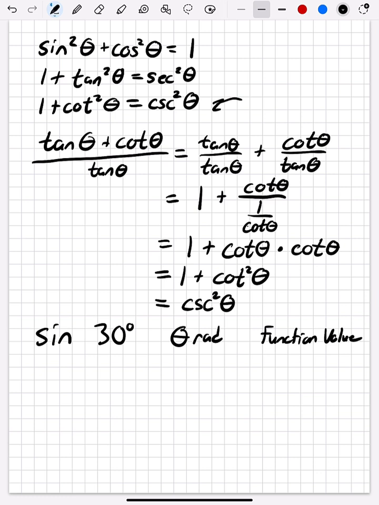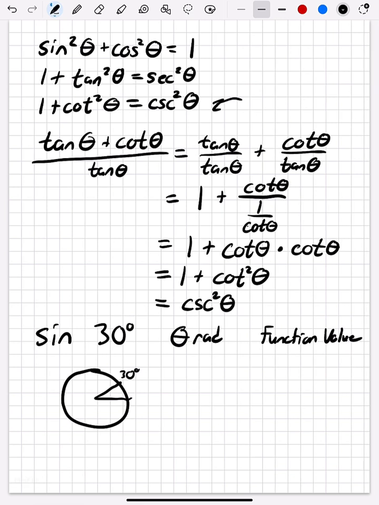And as you get familiar with the unit circle, these will become easier and easier. All right, so I'm just going to draw the portion of the unit circle that we need. So 30 degrees is somewhere about here if you look on your unit circle.